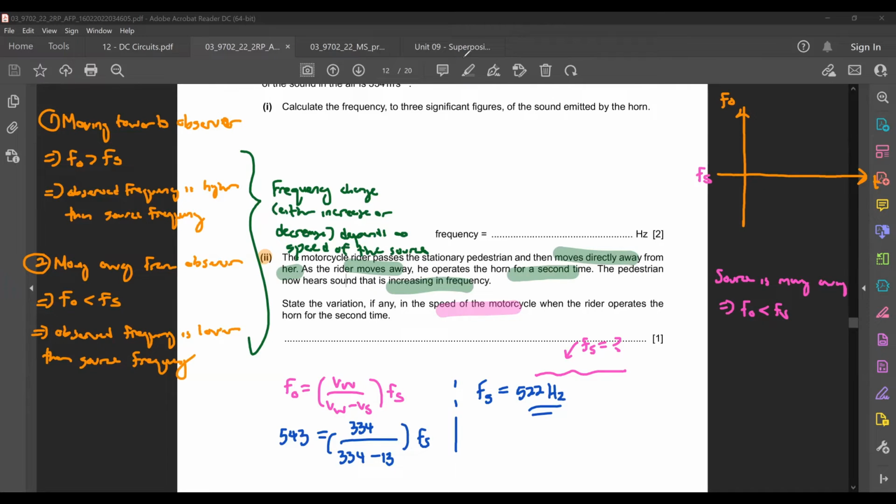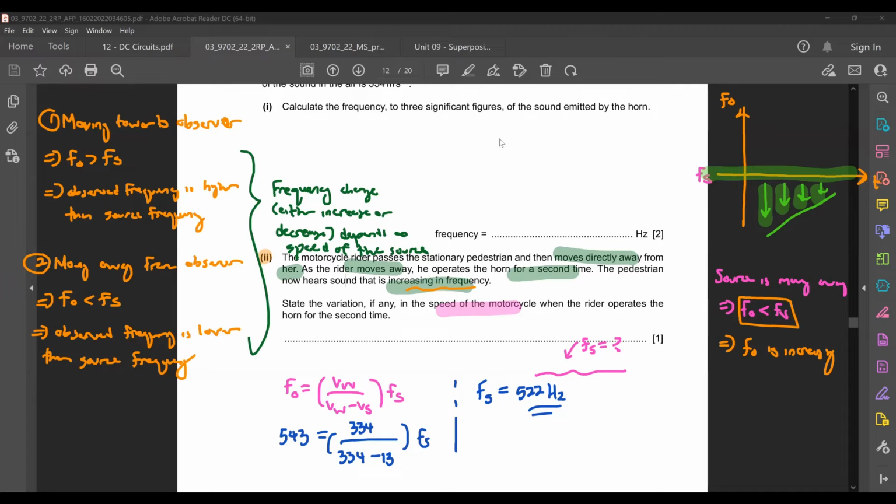My observed frequency will always be less than the source frequency, but at the same time, I notice that the observed frequency is increasing. So what you're basically seeing here is something like this. Your observed frequency is always less than your source frequency, which is your x-axis here. But then the decrease is getting less and less. That's why you perceive your observed frequency as increasing.